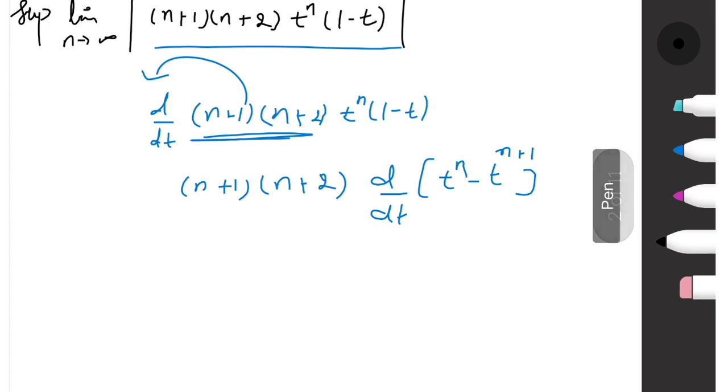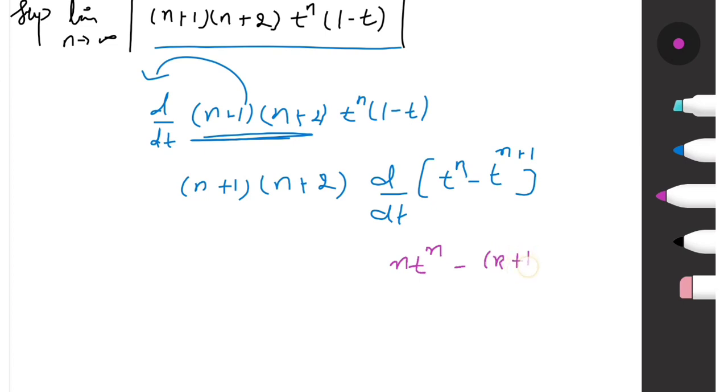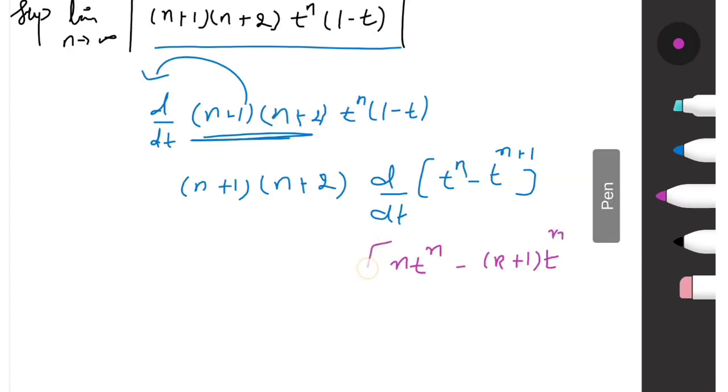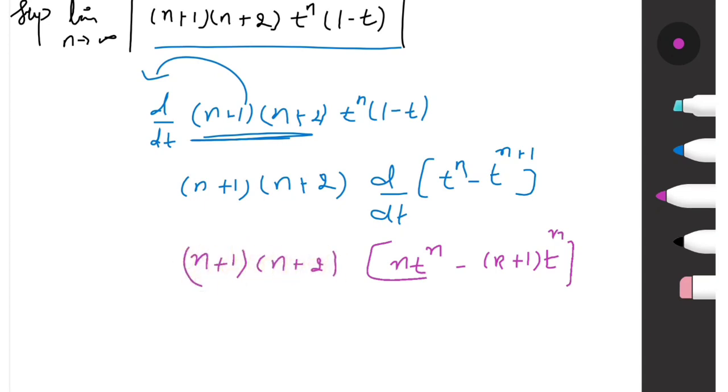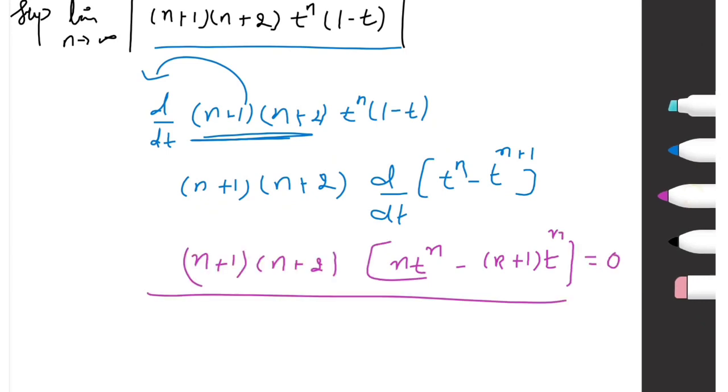After differentiating, we will get n t^(n-1) - (n+1) t^n. This is the first order derivative of this function, and in order to get the extrema point, we will equate it with 0.